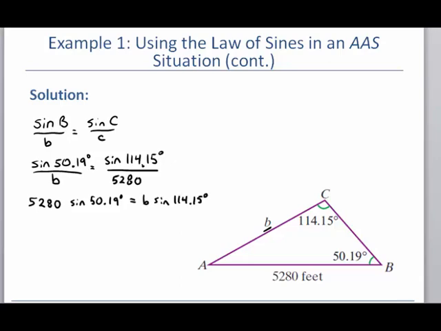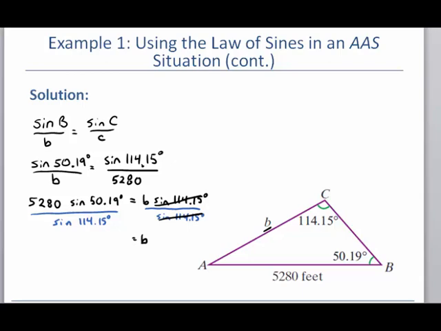114.15 degrees. Now again, remember that you're solving for B, so you need to get B by itself, and so we are now going to divide both sides by this sine 114.15. All right, which will cause it to cancel over here, leaving me just B. And what I have on the left-hand side, I can go ahead and type in my calculator.